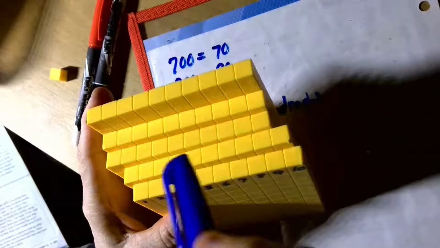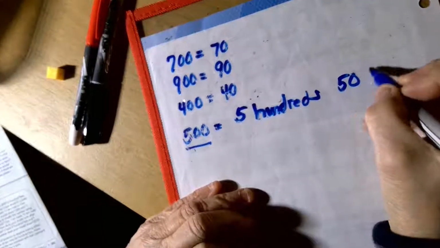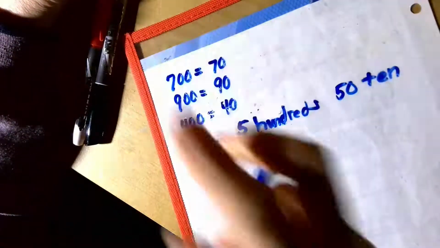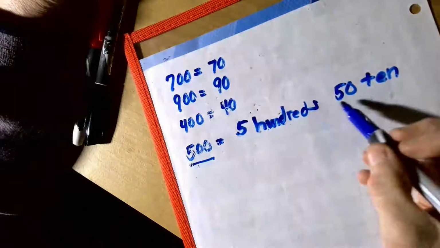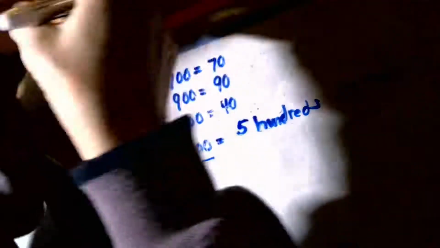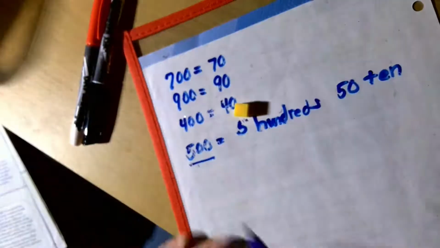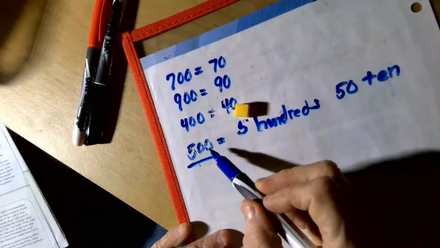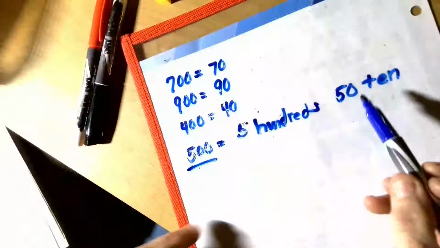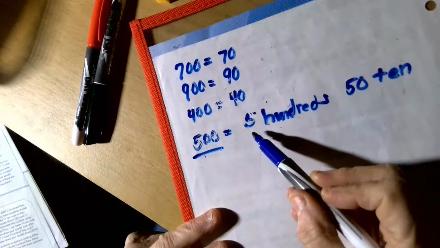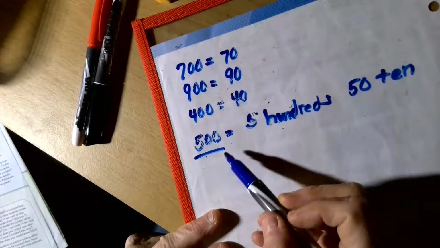So I would have 50 tens in my 500 block. I said I had 5 hundreds, 50 tens, or how many single ones do I have? I have 500. So that's 3 ways of writing the same number, 500: 5 hundreds, 50 tens, or 500.